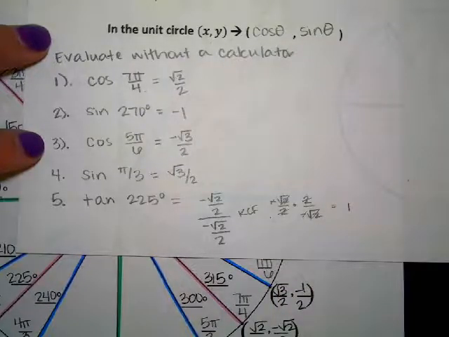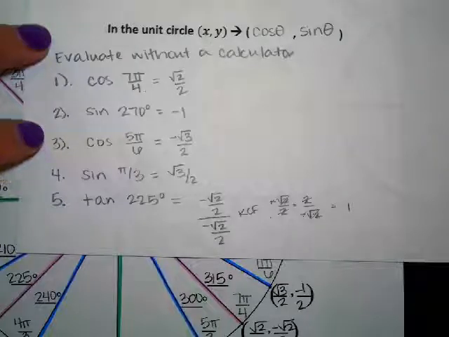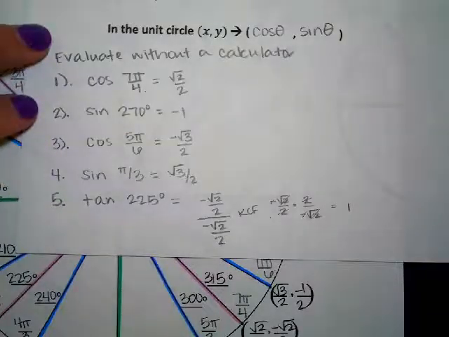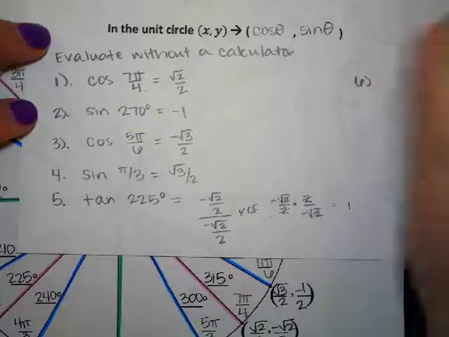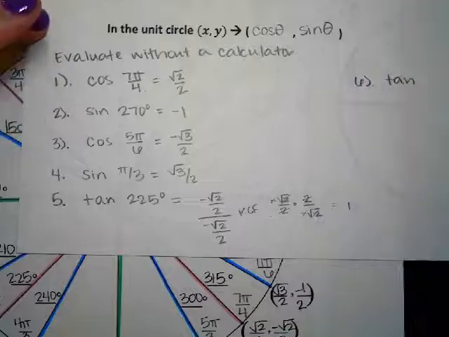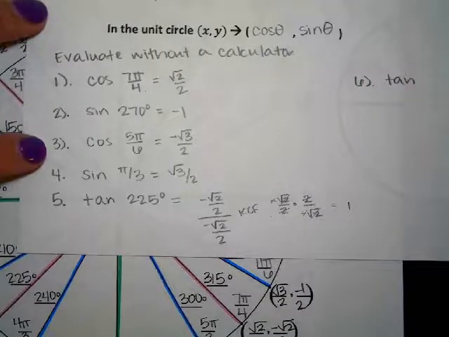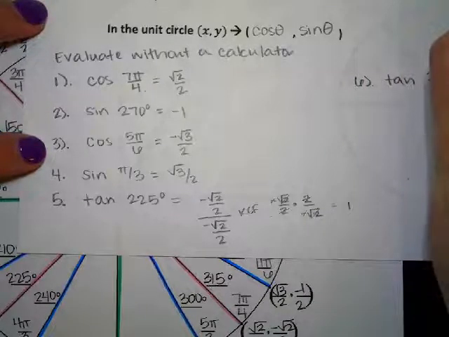All right, let's do another tangent problem. So this time we're going to do tangent of 2 pi thirds. Tangent of 2 pi thirds. What 2 fractions are we dividing?